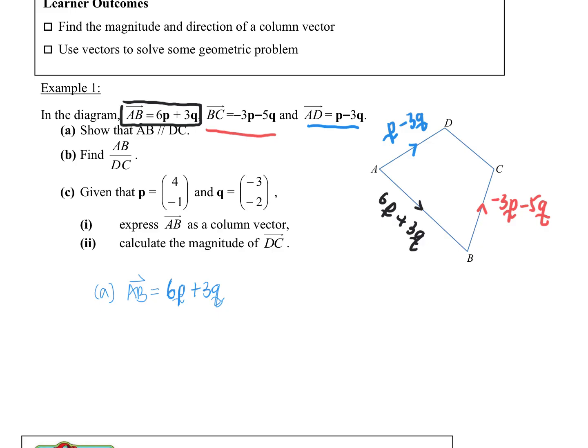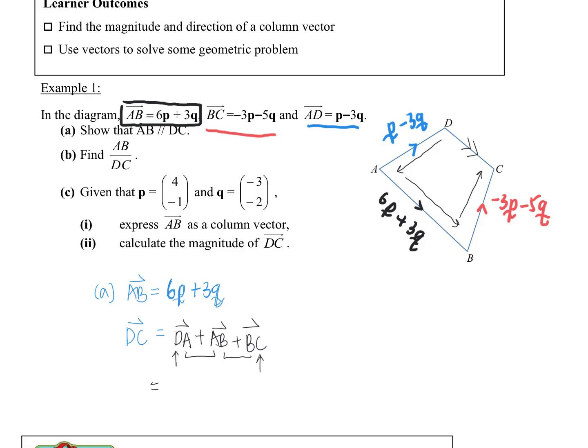Then next one I want is DC. So how to find DC? To find DC, I need to move from D to A to B, and then B to C. So DA plus AB plus BC. Can you see the start and the end will be the same station, and all these will overlap.